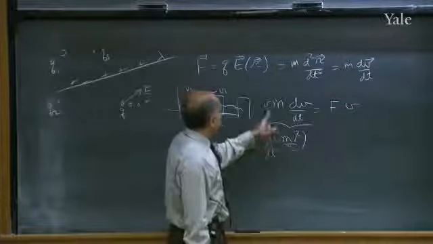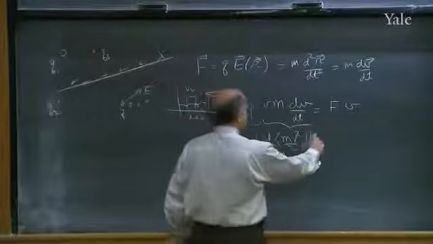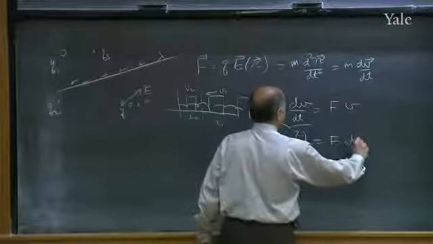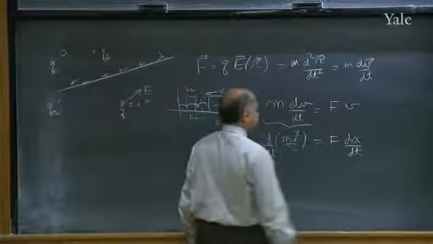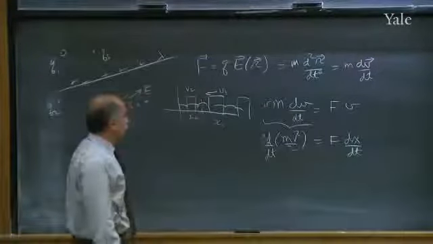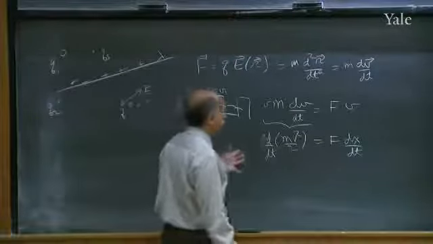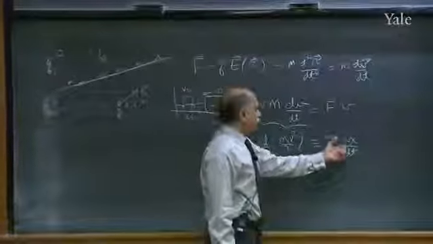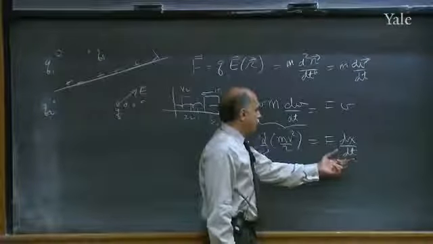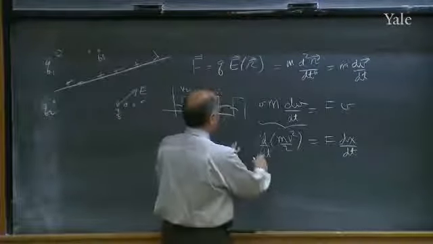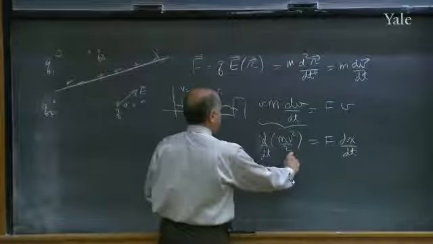The v derivative will give you mv, and then there is that. This becomes f dx dt. This means in every tiny instant of time, the force times the change in the position is equal to the change in this quantity, which we know is called kinetic energy.